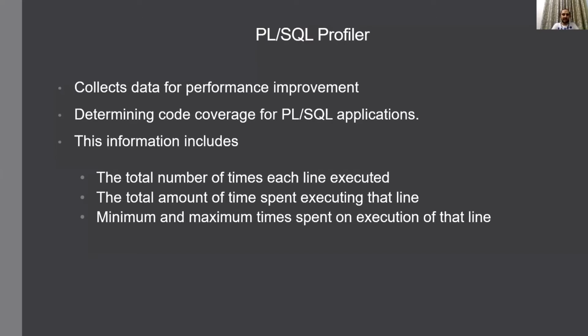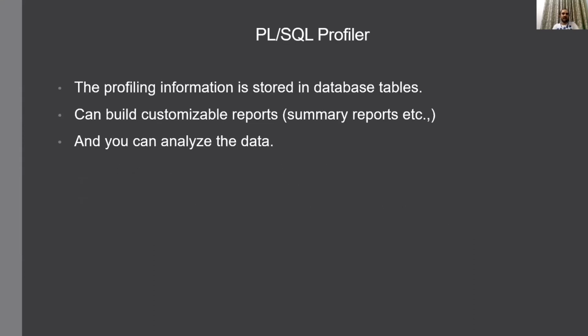Like I said, it gives granular information on the total number of times each line executed, the total amount of time spent on that particular line, and the maximum and minimum time spent on that execution. This is the kind of granular information you can imagine for any given code. And moving on, where are these things stored?